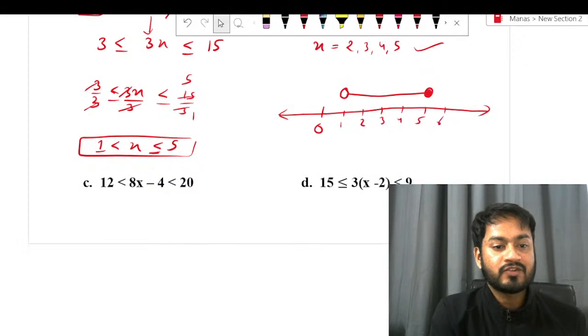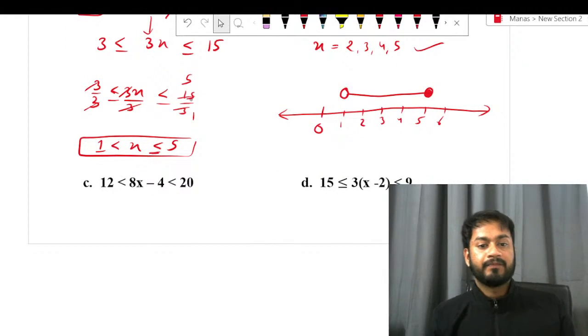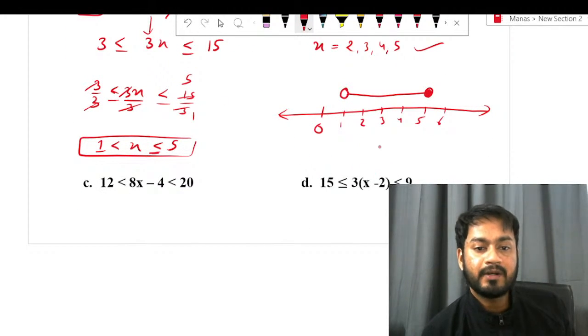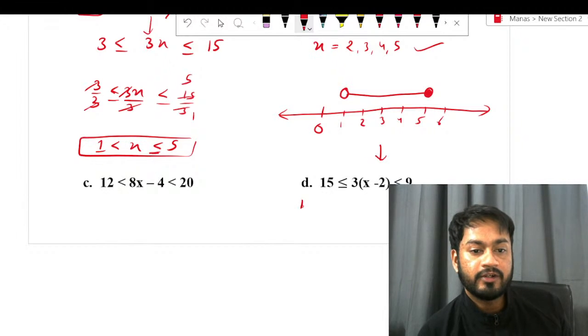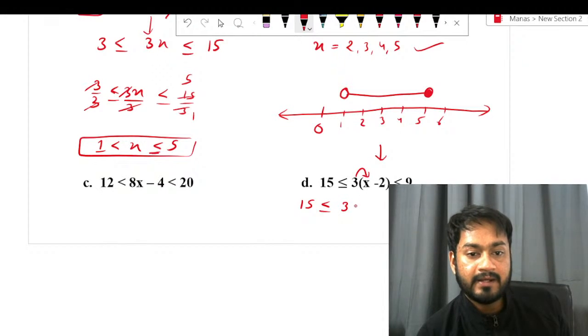Now the last question I will solve for today. This type of question is also the same, but we need to simplify it further. So 15 is less than or equal to 3 into x minus 2. I'm multiplying using the distributive property. 3 into x is 3x, and 3 into minus 2 is minus 6, less than or equal to 9.